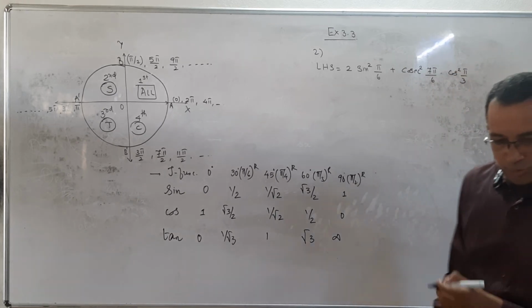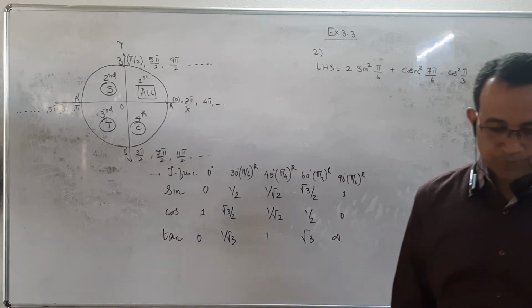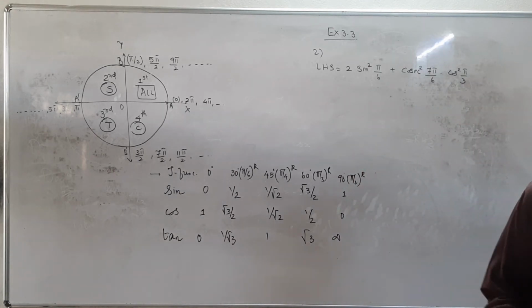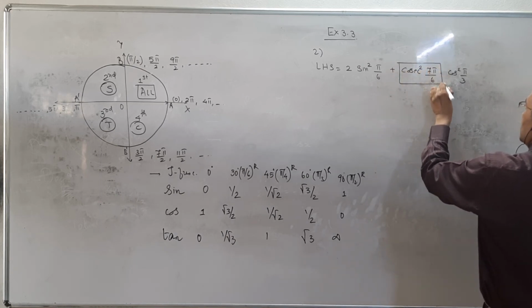This we have to prove as 3 by 2. Okay, now students, the main thing is to find the value of cosec square 7 pi by 6.